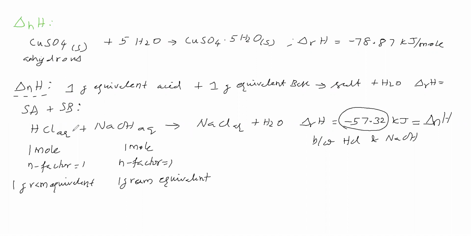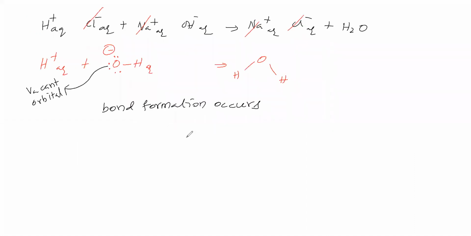So this enthalpy of neutralization between HCl and sodium hydroxide can also be defined as: when 1 mole of H plus ions combines with 1 mole of OH minus ions to form 1 mole of water, that means 1 mole of this OH bond is produced, the amount of heat released is called the enthalpy of neutralization.